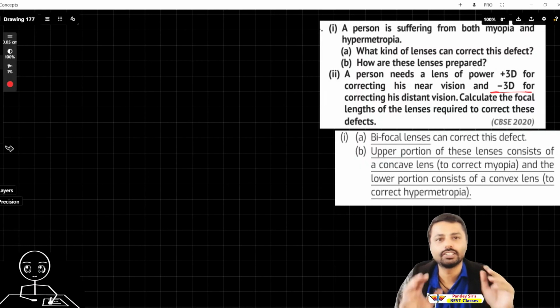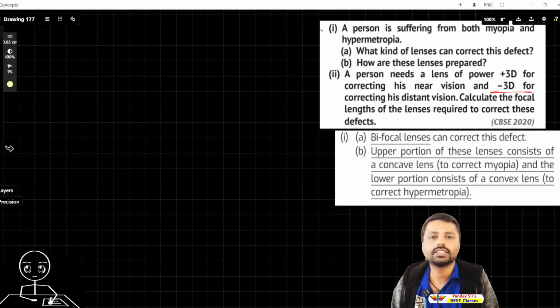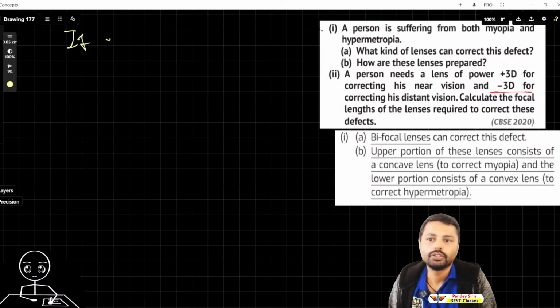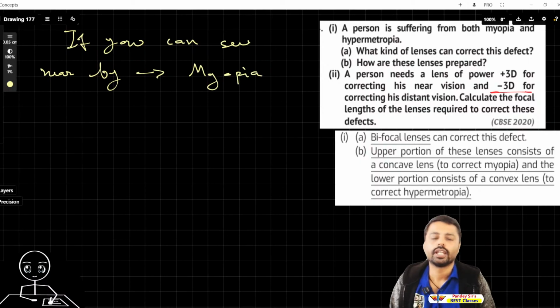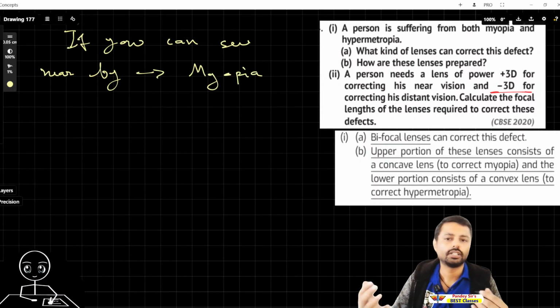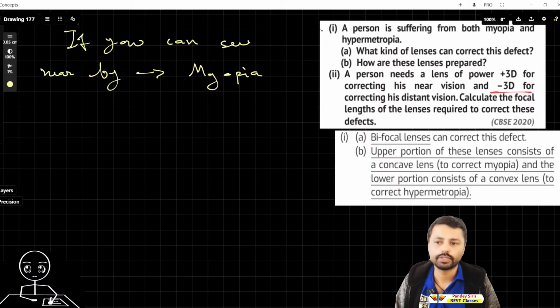Myopia, hypermetropia. Okay, see, if you can easily see close, nearby objects, that is myopia, and the opposite is hypermetropia.